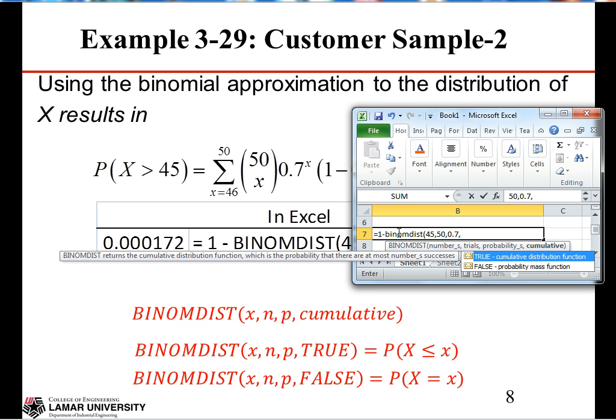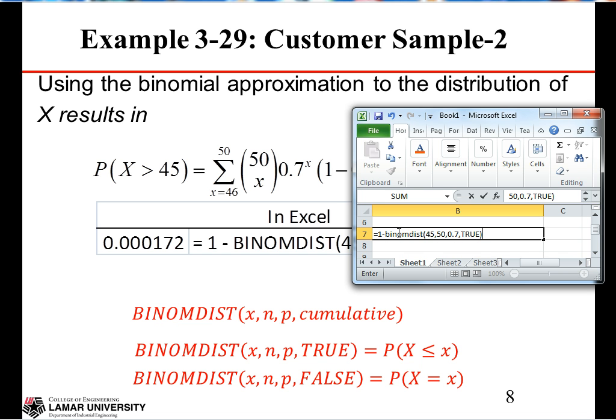Lastly, we want true so that what we are calculating is the cumulative distribution function. Therefore, it will give us the probability X less than or equal to 45 instead of X equal to 45.